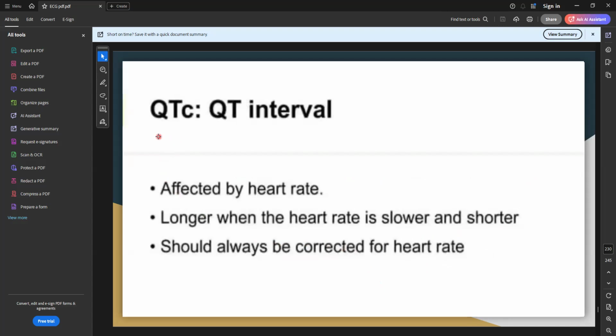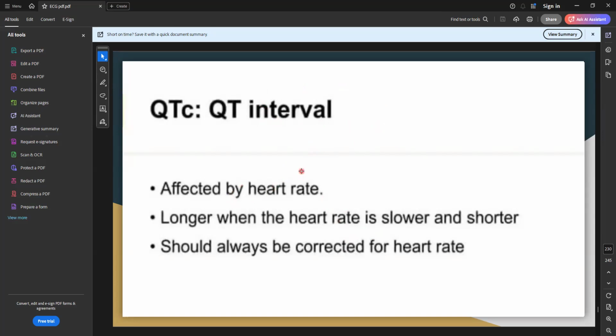What do you mean by QTC? This QT interval is always affected by the heart rate. When the heart rate is more, the QT interval becomes shorter.